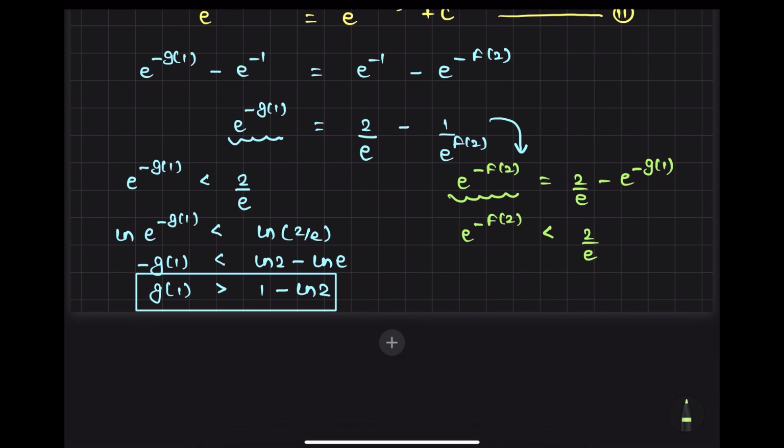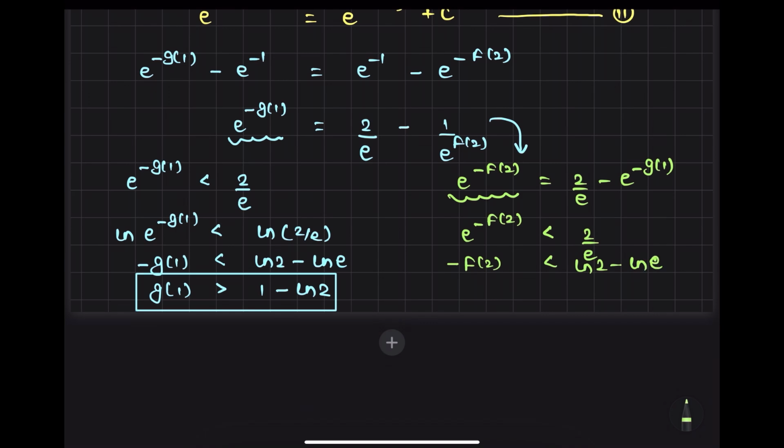We will apply the same logic, which means we will take ln both sides. You know that ln is an increasing function, so it doesn't affect the sign of the inequality. So you will have minus of f2 lesser than ln 2 minus ln e.